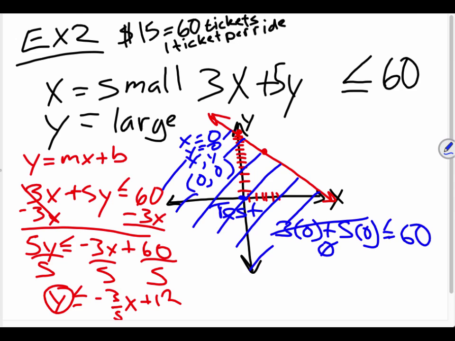Does that make sense? So let me give you an example. Let's pick a point over here. We'll say that point is 5, 0. That exists in the shaded region, right? So that says I could ride x equals 5 small rides, and 0 large. Actually, let's go up 1.